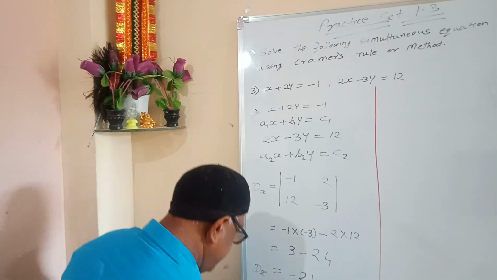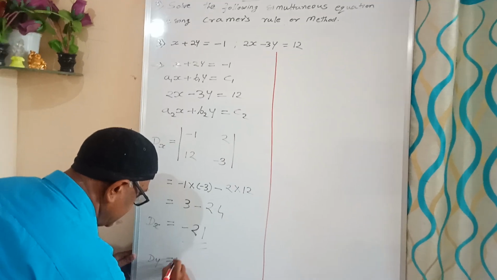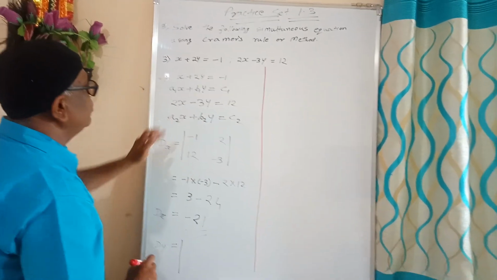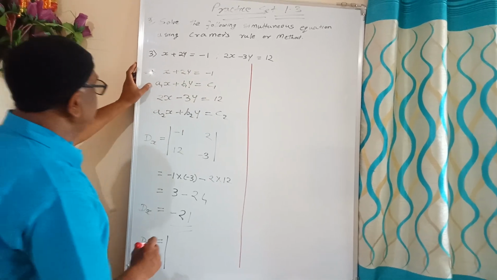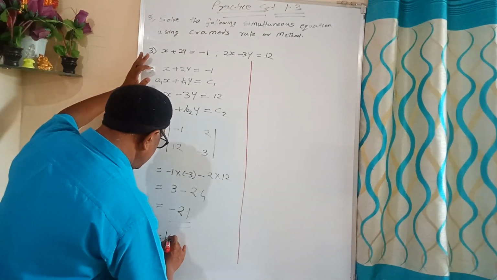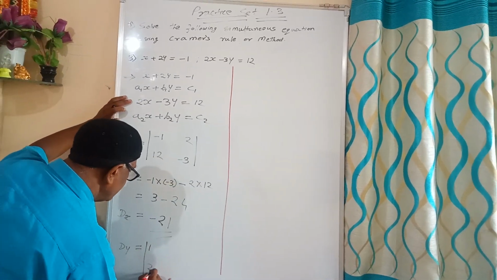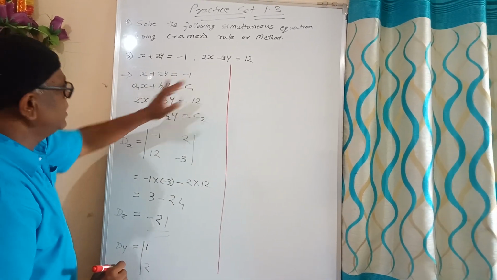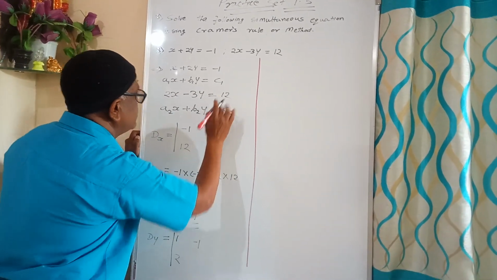Now Dy. Close the y part. Now the coefficient of x is here 1. In the second equation, the coefficient of x is 2. Constant terms, minus 1 and 12.